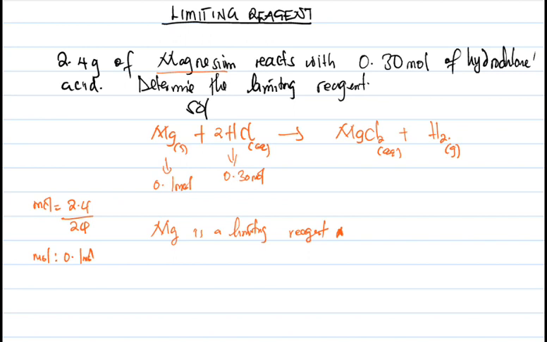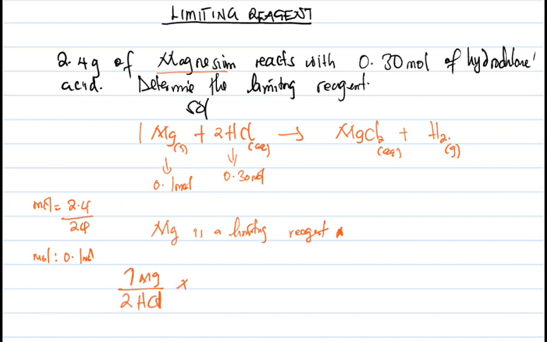Maybe we should do that. So let's do this. Further, we can confirm that the magnesium moles are actually the ones in limited supply. How do we do that? Look at the mole ratio, it's 1 to 2. So we have 1 for magnesium and 2 for hydrochloric acid.